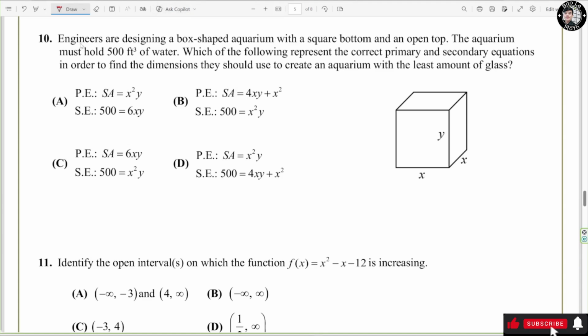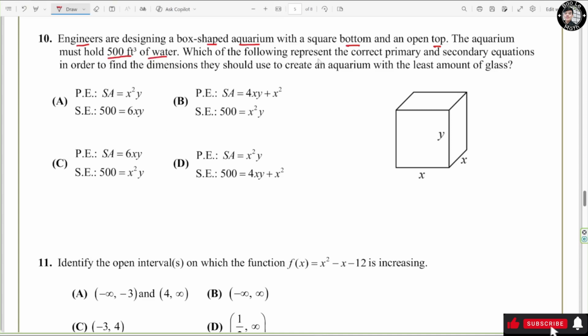Now question 10. Engineers are designing a box-shaped aquarium with a square bottom and an open top. The aquarium must hold 500 cubic feet of water.